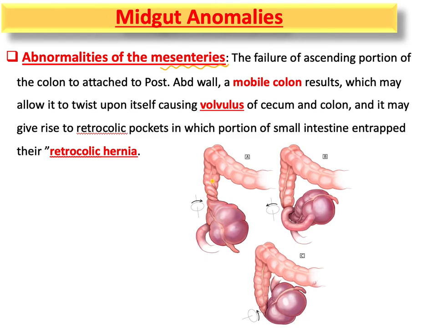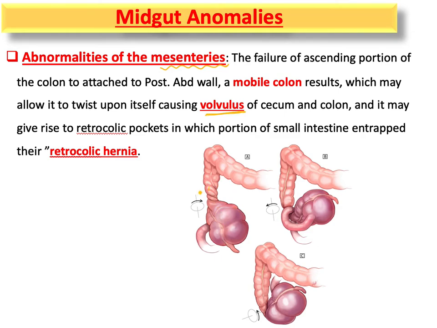So sometimes there is a failure of the ascending colon to attach to the posterior abdominal wall, which creates a kind of mobile part there. That means you have a mobile colon, giving the colon mobility, which increases the chance for it to twist on itself, as you see here, something called volvulus.